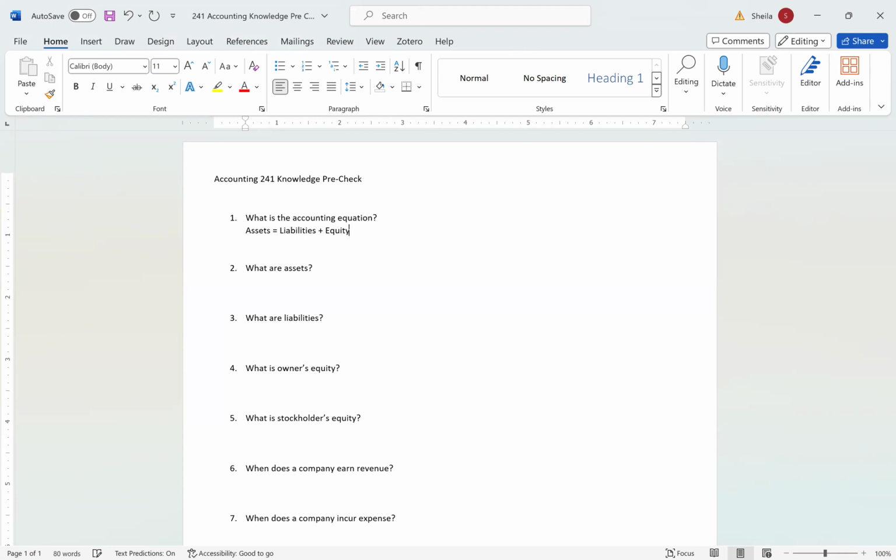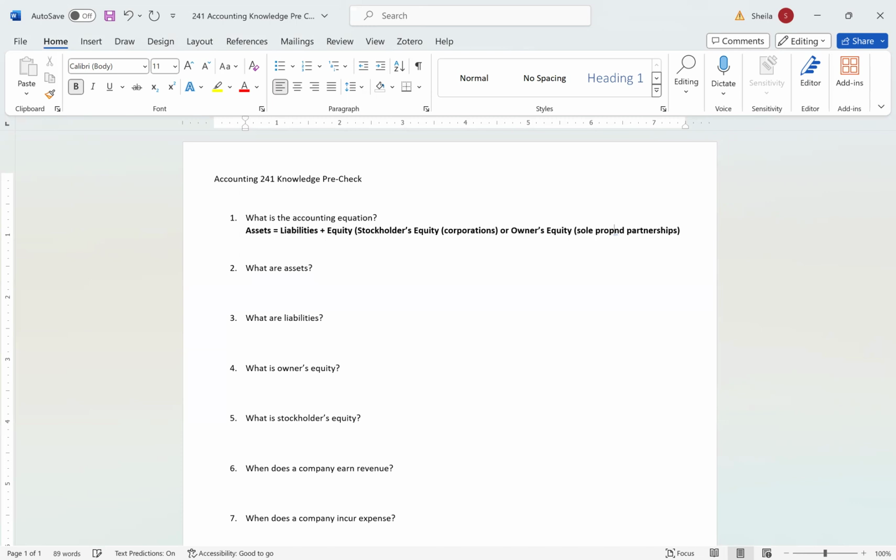Now, in this class, we are going to be talking primarily about stockholders' equity, which is for corporations. But keep in mind that there is also something known as strictly owner's equity, which applies to sole proprietors and partnerships.